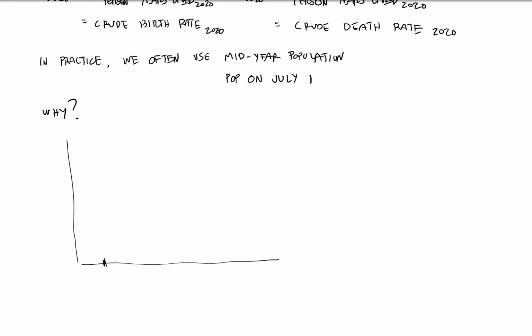Here's the population. So we're going to look at K of t. And here t is, let's say, January 1, 2020. And here is December 31, 2020. And we say we had the population there, and we had the population there on those two dates. And now, we could look at the growth rate per day.